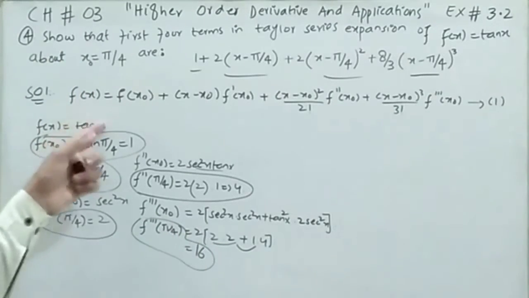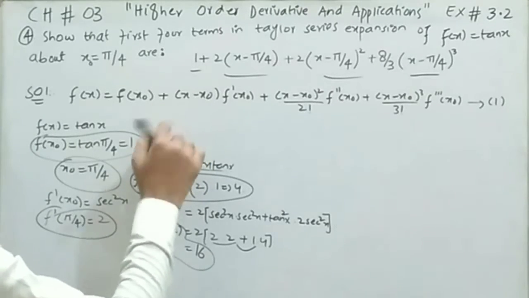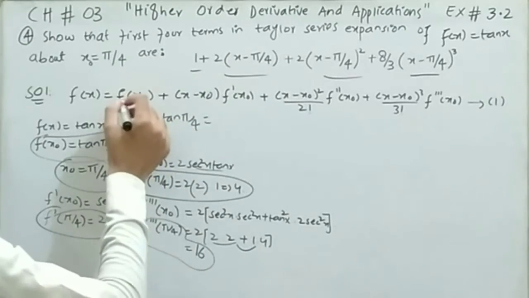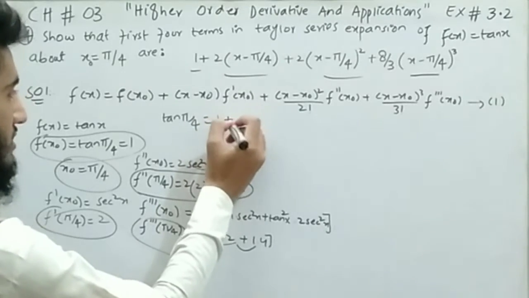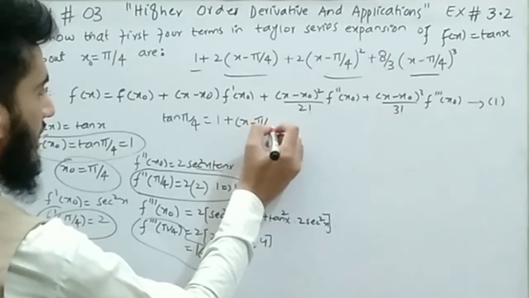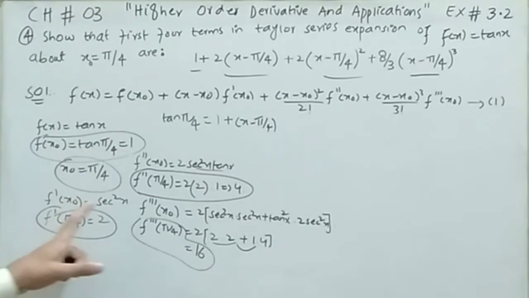Now putting the values in the given Taylor series expansion, it will give us a value f of x. So f of x, which is tangent pi by 4, will be equal to f of x naught, the first term, which is equal to 1, plus x minus x naught. X naught is pi by 4, so x minus pi by 4 into f prime of x naught. F prime of x naught is secant square x whose value is just 2.